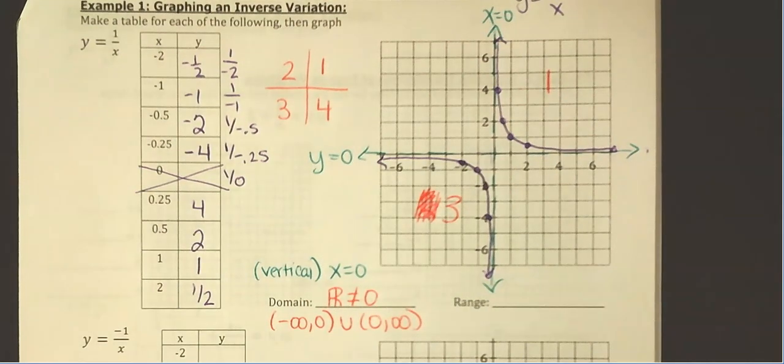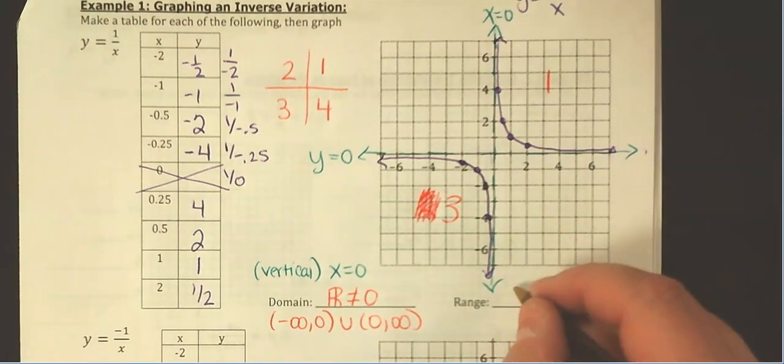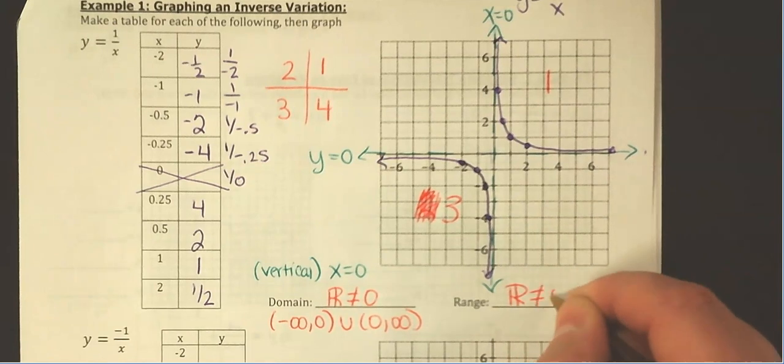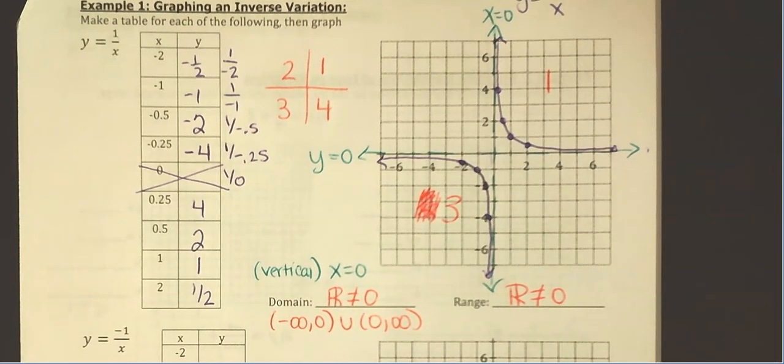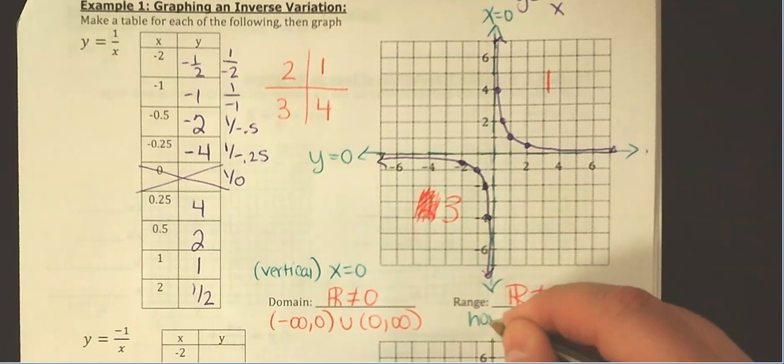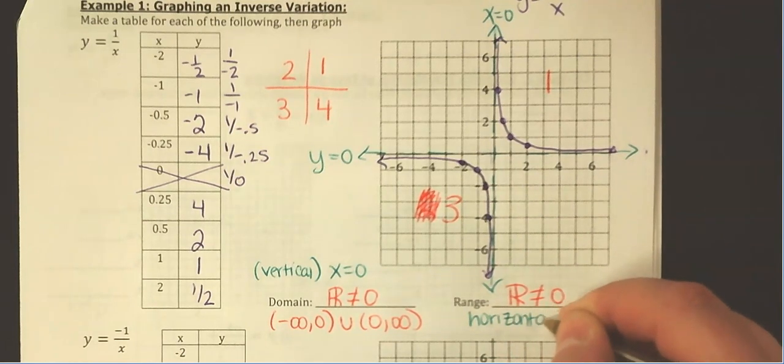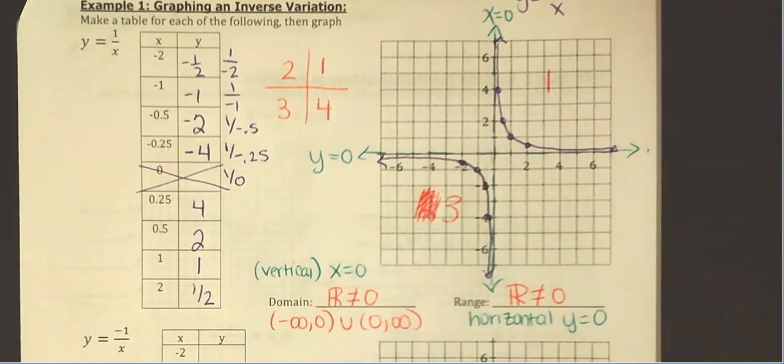So that's going to be your horizontal asymptote. So your range is going to be all real numbers, but not 0 here, and that's related to your horizontal asymptote, which is y equals 0. It's also the x-axis. So the range is related to your horizontal asymptote. Your domain is related to your vertical asymptote. We're going to talk about that more on the back when we actually shift these around.